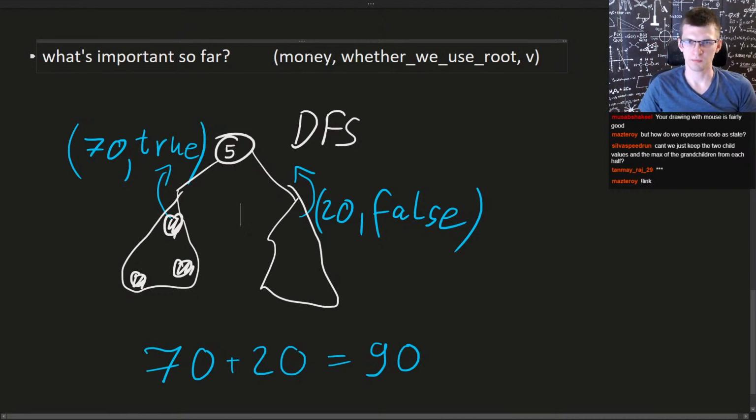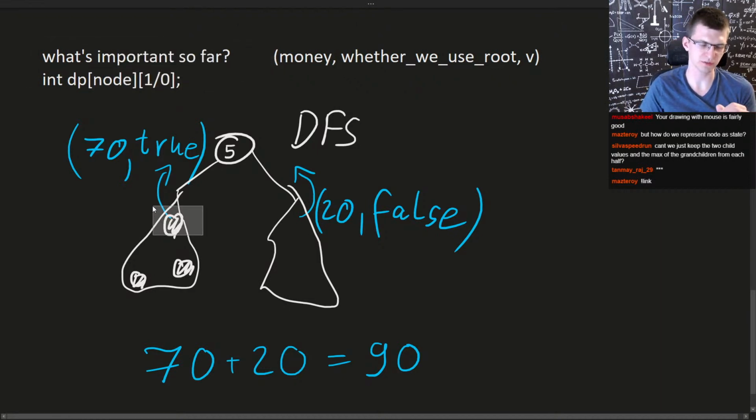And yeah, money is something we maximize. I will have int dp of node and 1 or 0 for every node, and for every information whether I want to take root of this subtree or not, I will store the maximum amount of money I can get.